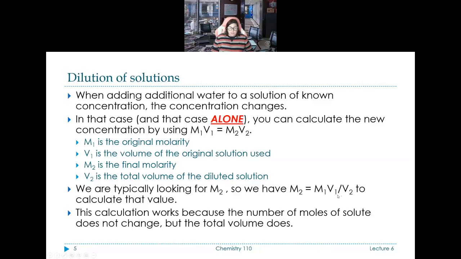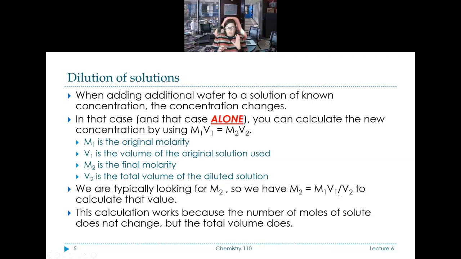Now, we don't need to do that in any particular units. As long as the volumes are in the same units, it doesn't matter what they are, they will cancel out. And it doesn't really matter what units we're in for any of this. It could be a molarity, could be a molality, really doesn't matter.